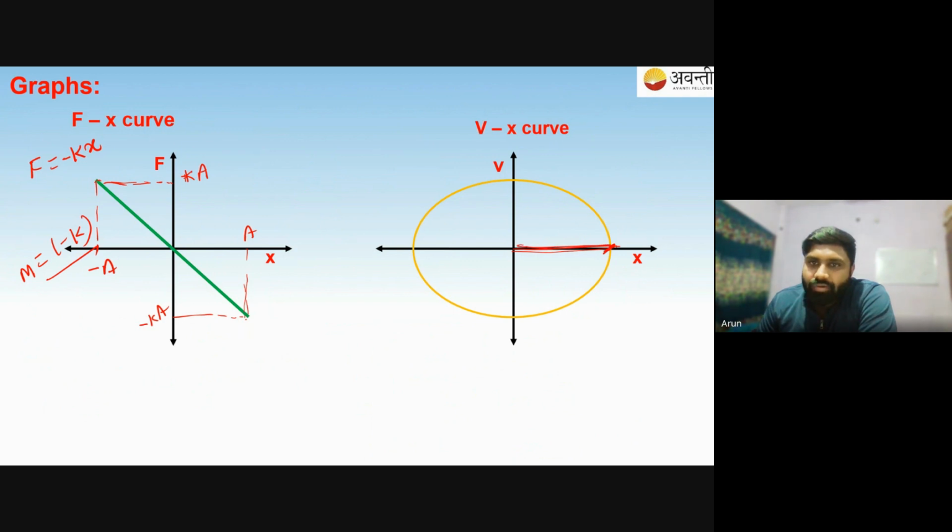And here x is not 0, x has this value, which is the extremity. So at this extreme position at A, the value of v will be 0, you can see here. Got it? As we move away from the origin, the value of velocity is decreasing. So that is why I'm saying that at extreme position, the velocity will become 0.